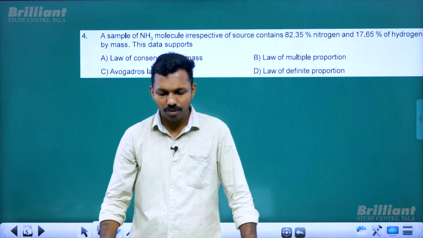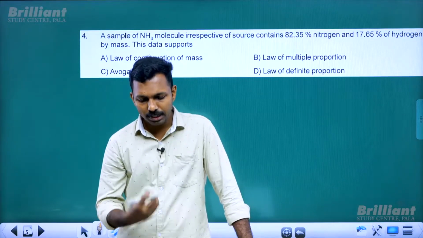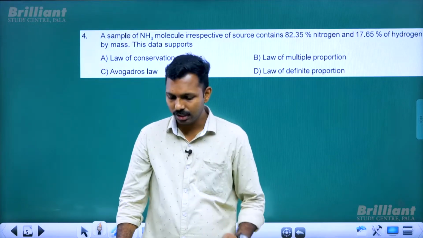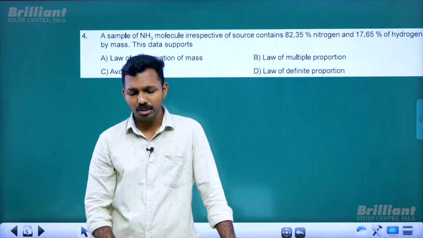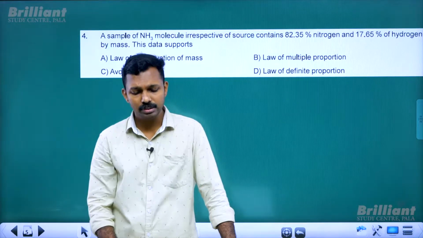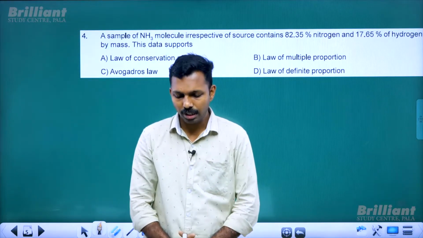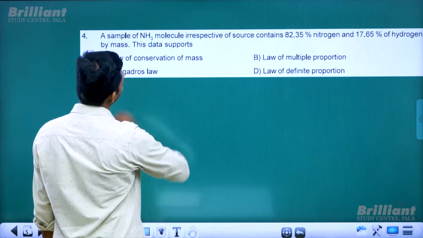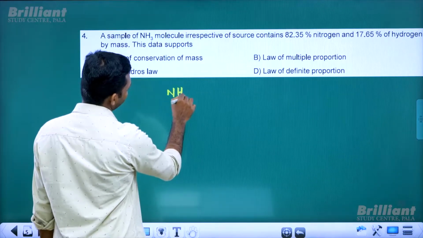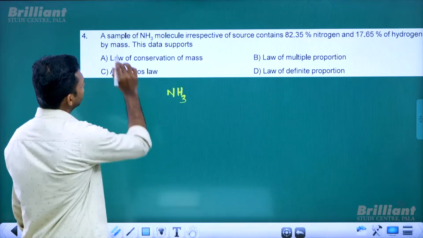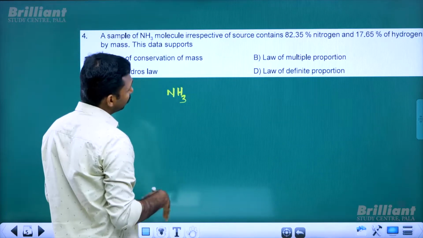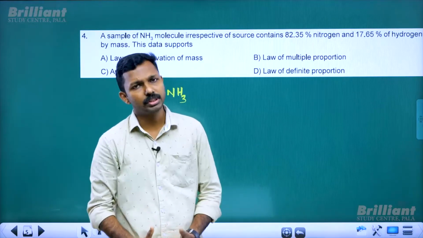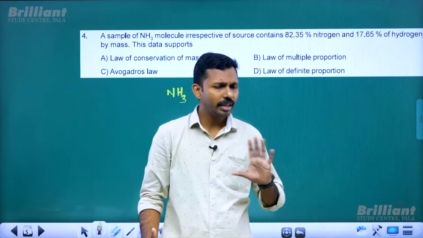A sample of ammonia molecule, irrespective of source, contains 82.35% of nitrogen gas and 17.65% of hydrogen gas by mass. This data supports... Okay. Suppose we have ammonia molecule, NH3 molecule. They are saying a sample of ammonia, irrespective of the source. That means from where it may be produced, that doesn't matter.